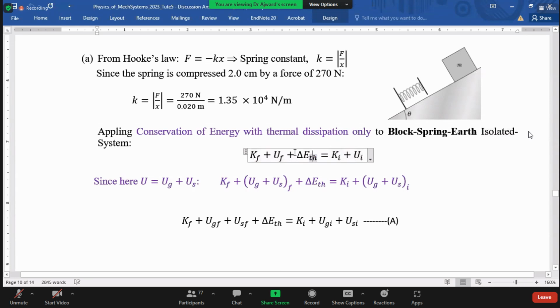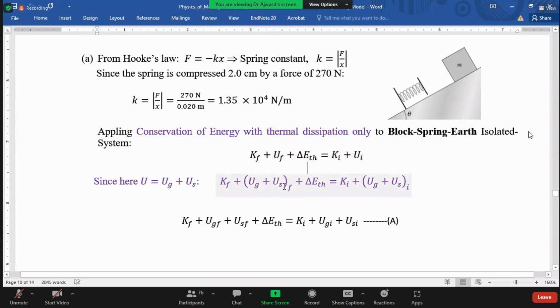Here I'm only taking the thermal energy. So compared to the mechanical energy equation, the only difference is that on the left side there would be a thermal part, that is plus delta E_th. So this thing you have to remember.